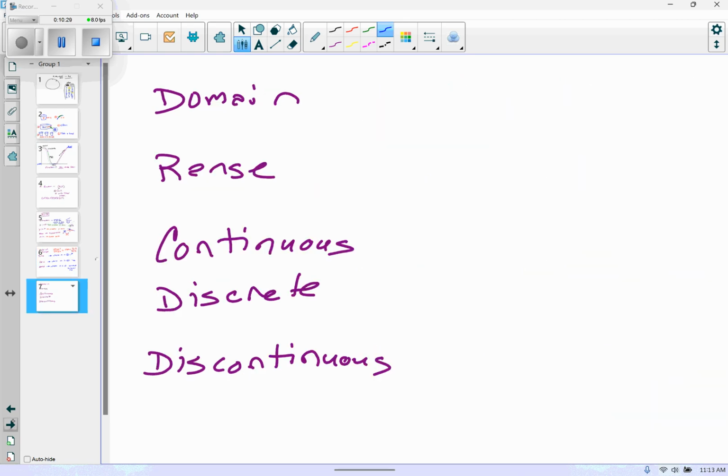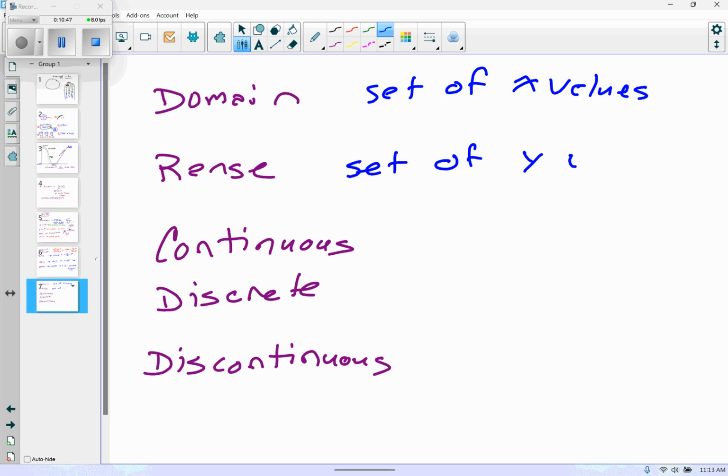The domain, the set of x values. The range, the set of y values.